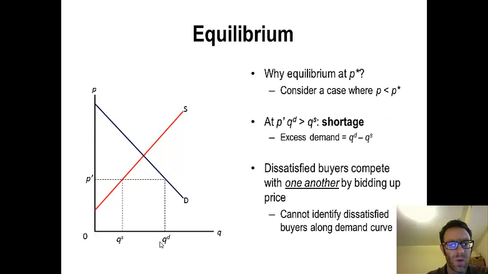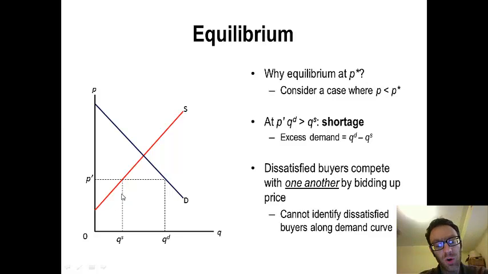Now, we can look at the other case, where the price that prevails in the market is less than P star, let's say P prime. In this case, the quantity demanded is out here, as measured by the point where the price intersects the demand curve, and quantity supplied is down here, as determined where the price intersects the supply curve.